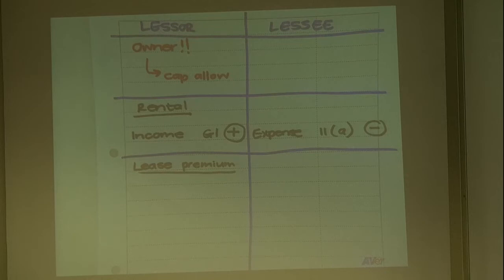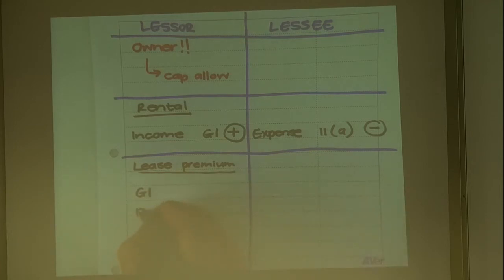Right, now tell me about this lease premium in the lessor's hands, because you've learned this. The lessor is receiving money up front in their hands. Do they have to include it in their gross income? Yes, they definitely have to include it in their gross income, and it's not even a guessing game.